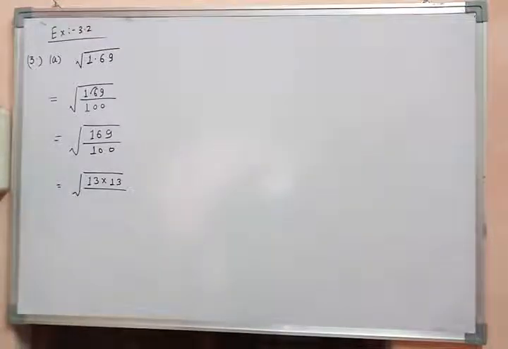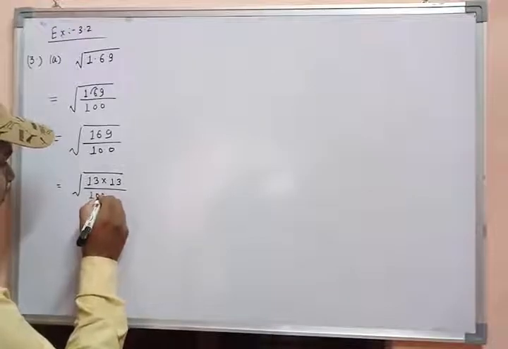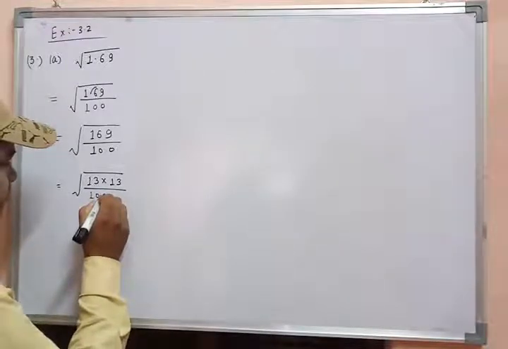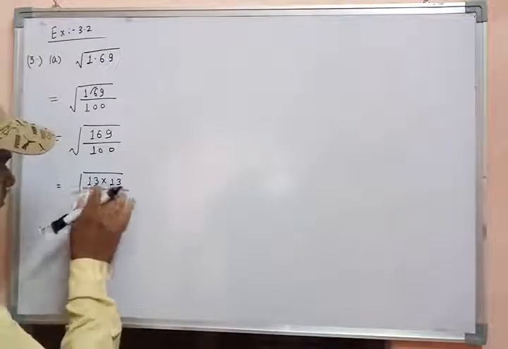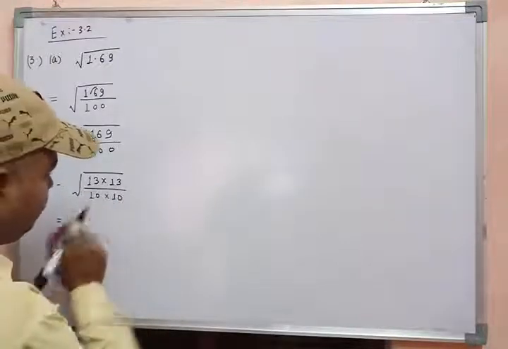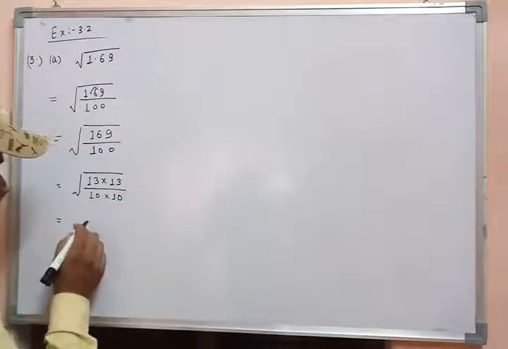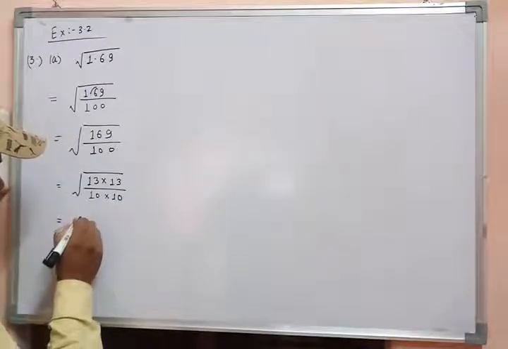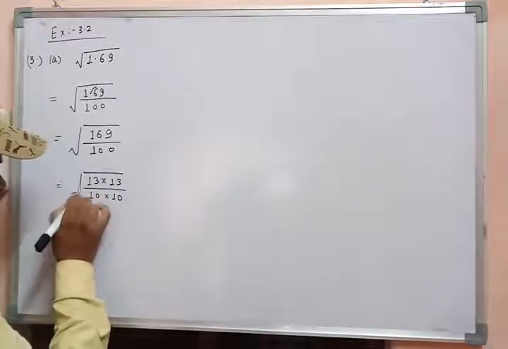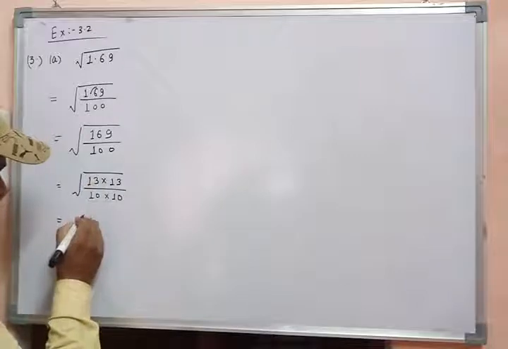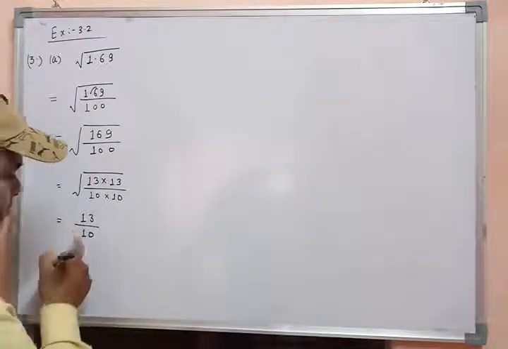And 100 can be written as 10 multiplied by 10. Then here there is one pair of 13 and one pair of 10, so after taking the pair out we have to write only 13 and only 10.